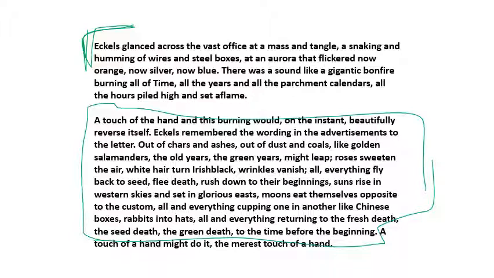You can see that this part here, he's trying to capture and describe this really abstract concept of time, this really complex, I guess, phenomenon that he's trying to describe.